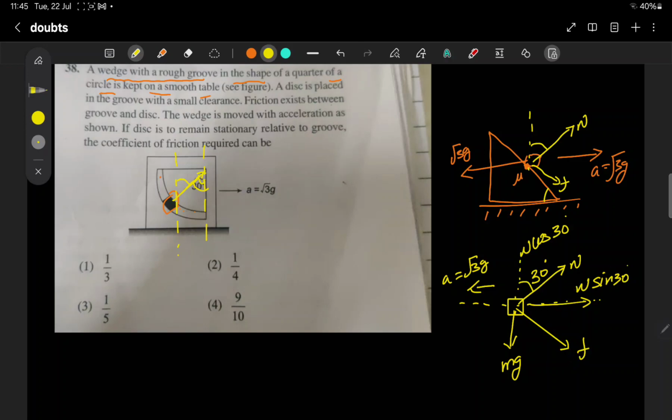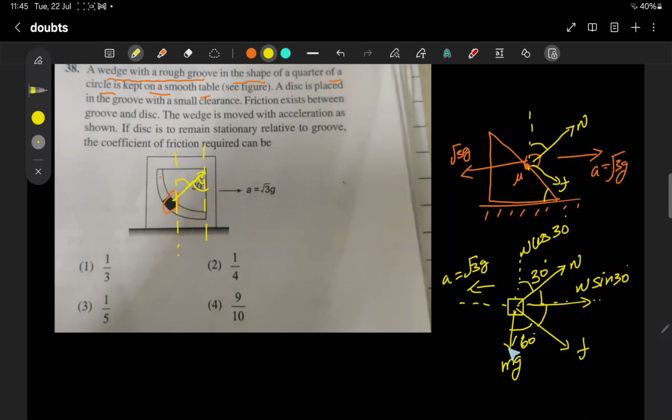If this is 30, this will be 60, since these two are perpendicular. So this is 60 degree.